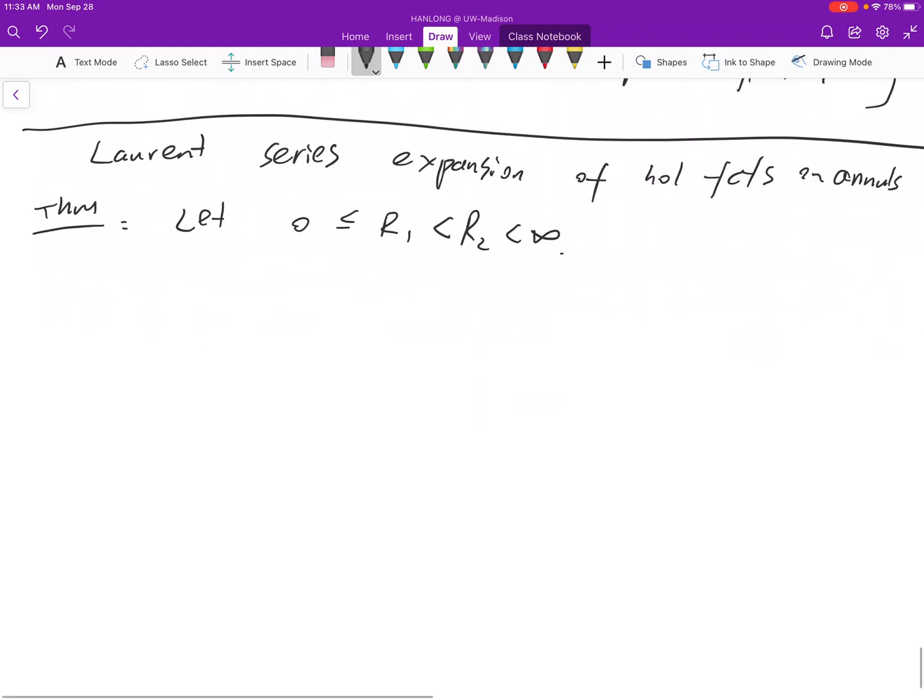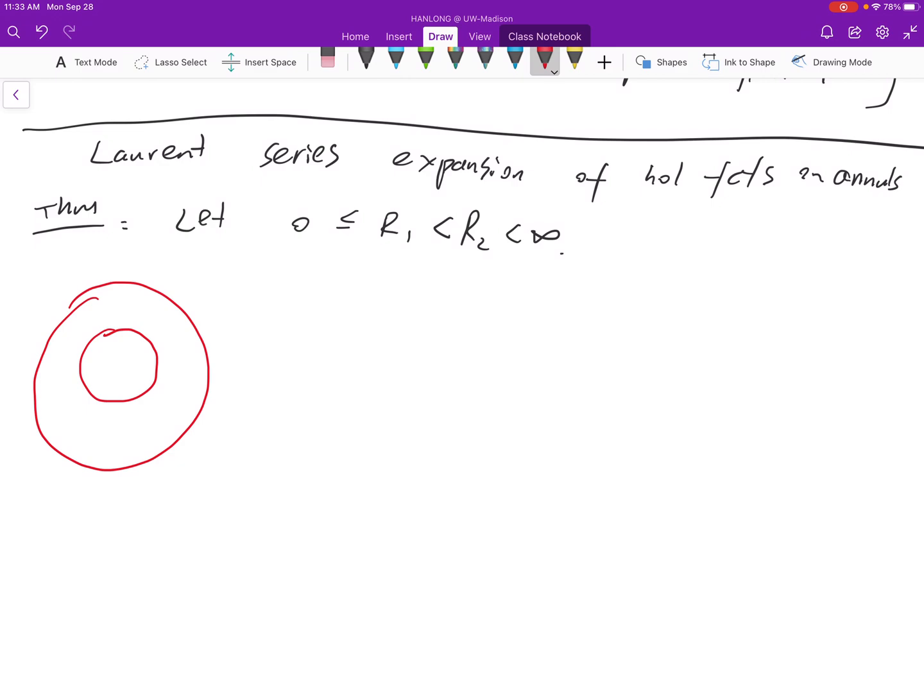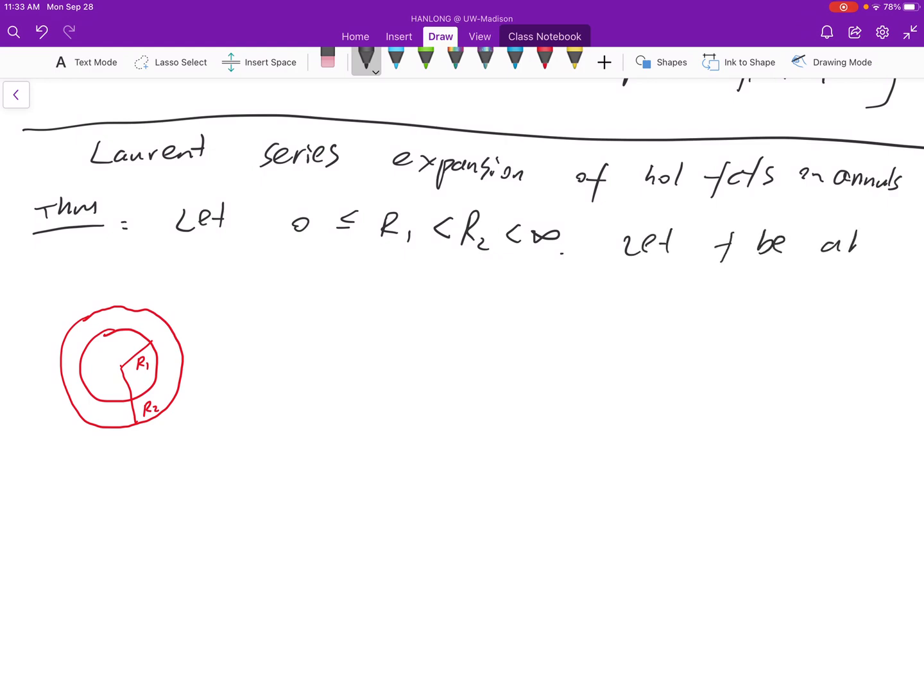To determine an annulus, you need to give the interior radius and the exterior radius. Okay, so this is R1, this is R2. Let f be a holomorphic function defined on an open annulus R1 less than |z minus a| less than R2.